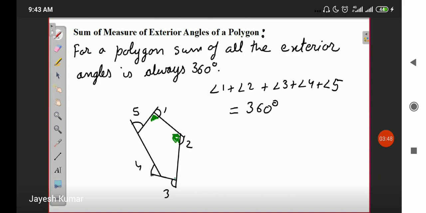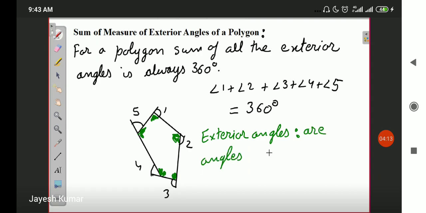What are interior angles? Angles within the polygon. What are the exterior angles? Angles outside the polygon at the vertex of the polygon.